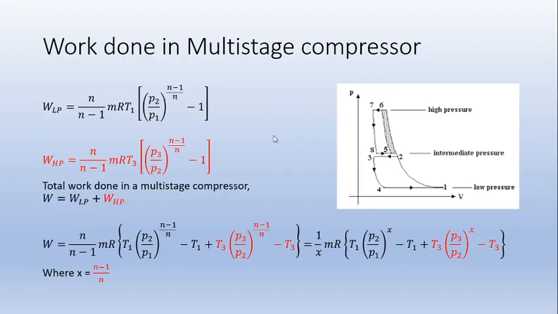Okay. Now next is the work done in a multi-stage compressor. We already assumed that the compression and expansion processes are polytropic. So we have already derived the work done in a compressor using a polytropic process, and this is the expression for work done.